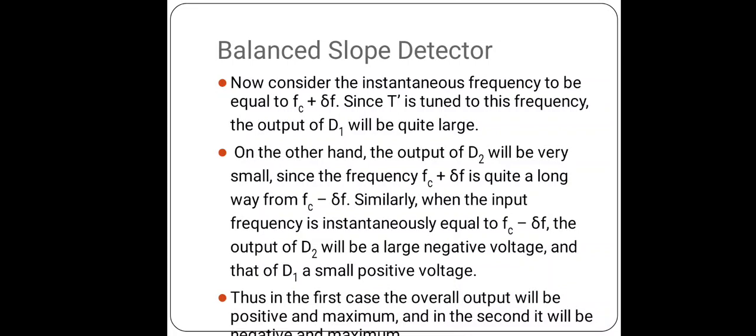On the other hand, the output of D2 will be very small, since the frequency FC plus del F is quite a long way from FC minus del F. Similarly, when the input frequency is instantaneously equal to FC minus del F, the output of D2 will be large, so the output is negative. Thus in the first case, the overall output will be positive and maximum. In the second case, it will be negative and maximum.